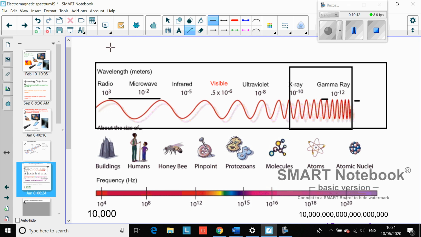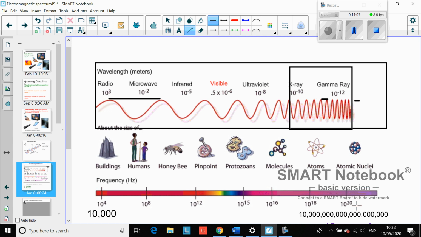Right, so what you need is a copy of a diagram like this in your book. I would say, certainly for radio waves and for gamma rays, so basically the extreme of each, make sure you've got both the wavelengths and the frequencies, because you do need to know those for your exams.